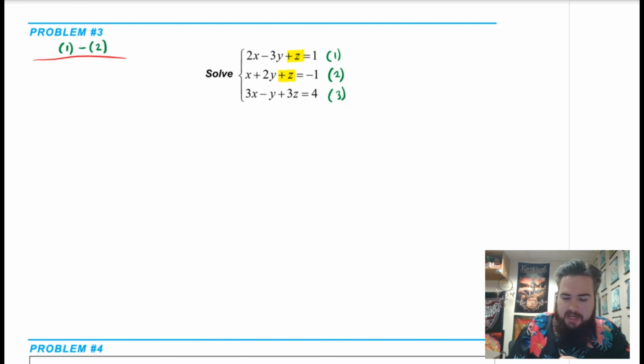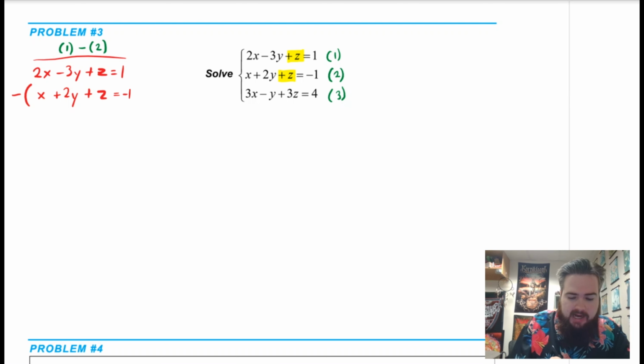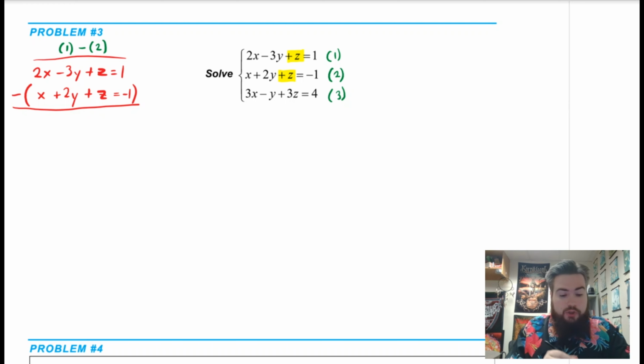So that's going to be 2x minus 3y plus z equals 1. And then I'm going to subtract the equation x plus 2y plus z equals negative 1. 2x minus x will give me just a single x.